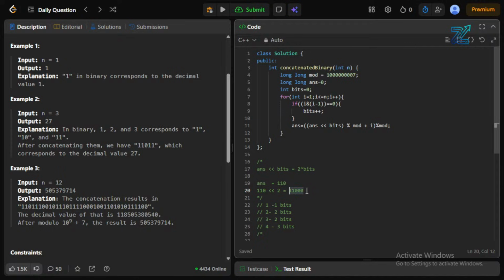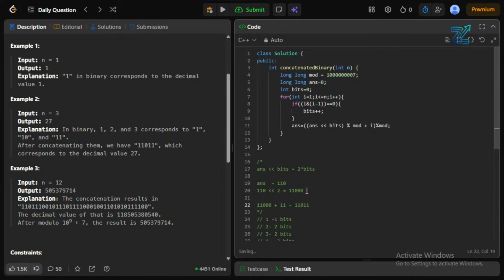That means 11000, and we will add i to it. For example, if it is 11000 and my i is 11, then what will I get? 11000 11, right?